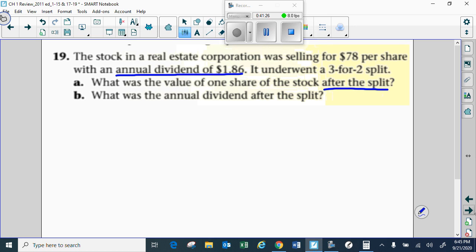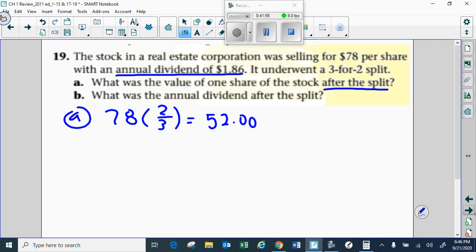So it went 3-for-2, so we are multiplying the $78 times its reciprocal, 2-for-3. 3 goes into 78 26 times. 26 times 2 is $52 evenly.